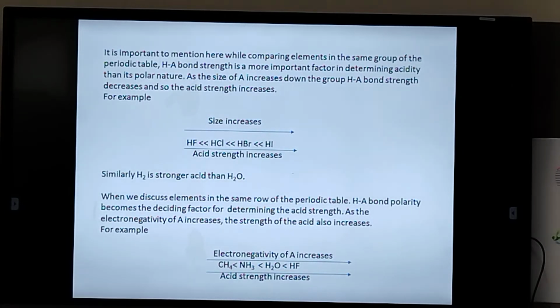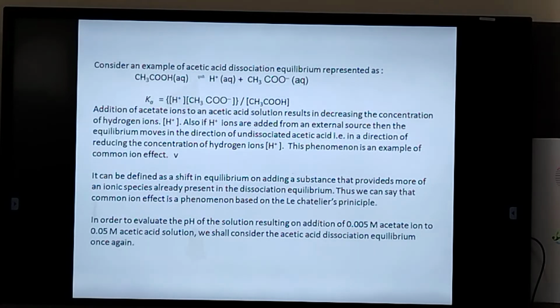Consider an example of acetic acid dissociation at equilibrium, represented as CH3COOH gives H+ plus CH3COO-. Now the equilibrium constant is the concentration of H+ and CH3COO- divided by the concentration of acetic acid.